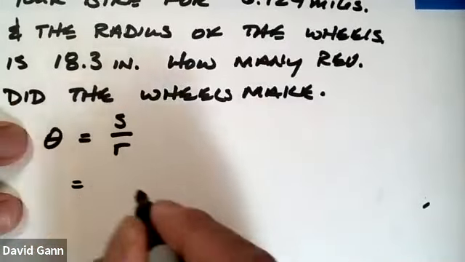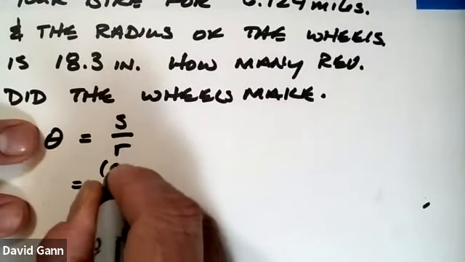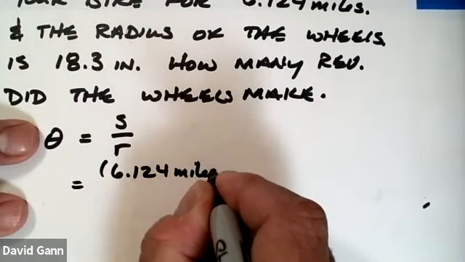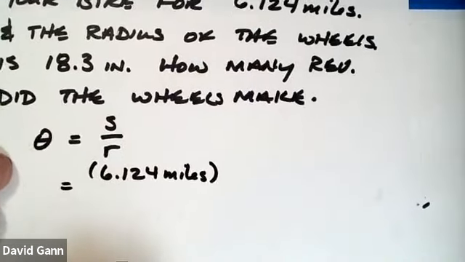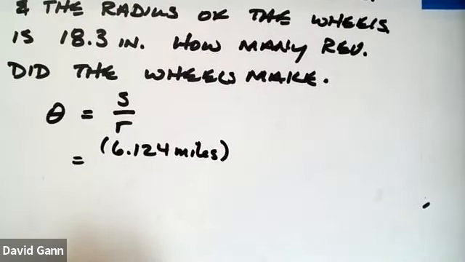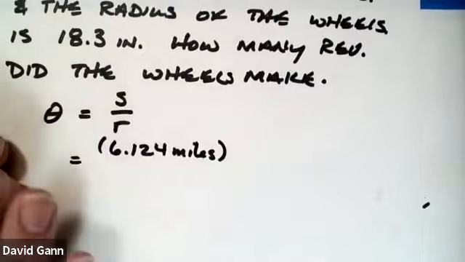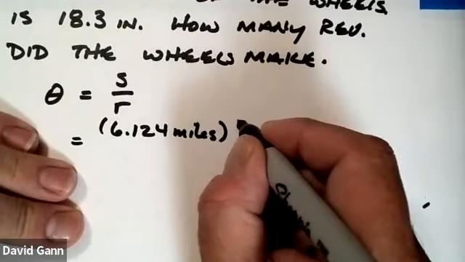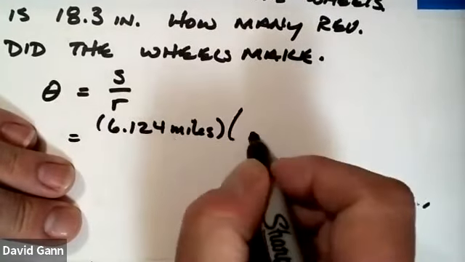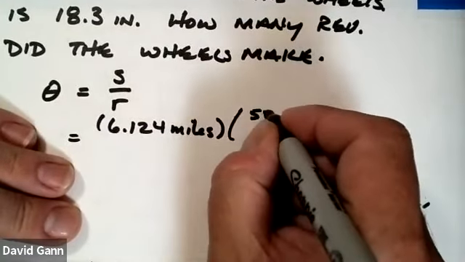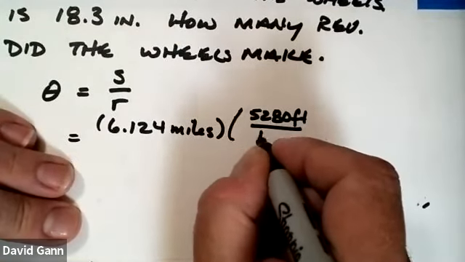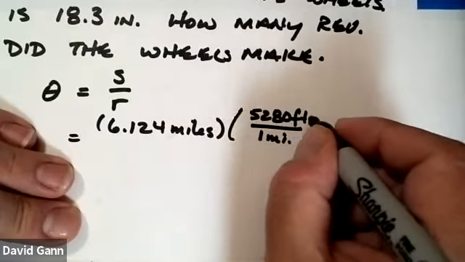So this is equal to 6.124 miles. Since I don't quickly know how many inches are in a mile, I'm going to convert this down to feet and then convert feet into inches. So I've got the unit I want to get to, 5280 feet, divided by the unit I want to get out of.